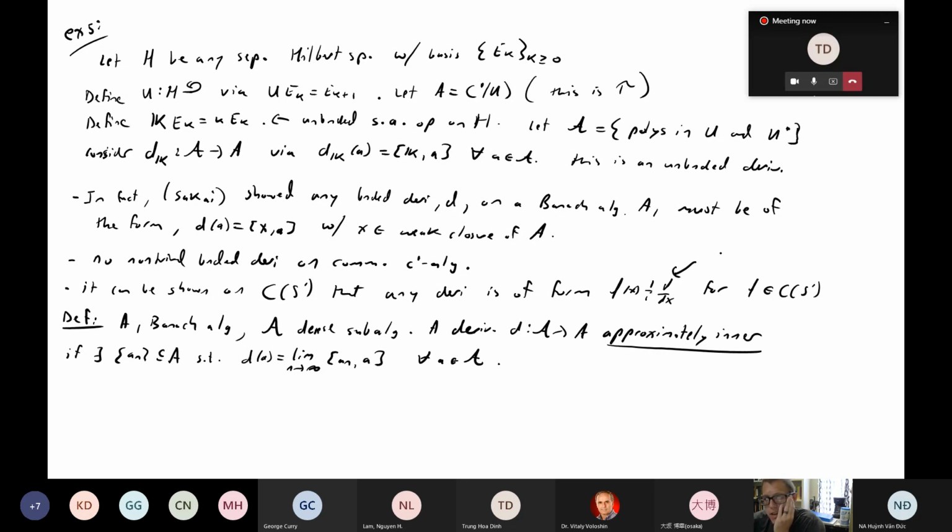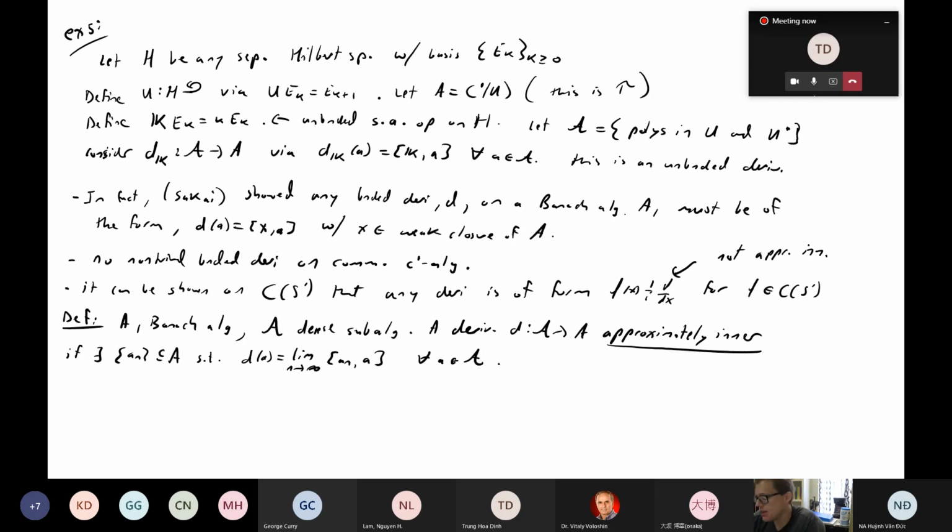Incidentally, this one cannot be approximately inner, because if it were, it would have to be a limit of commutators, which would all be 0. So there are derivations that are not approximately inner. Neither is this one, and it's a commutator.